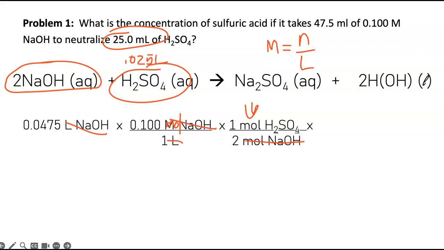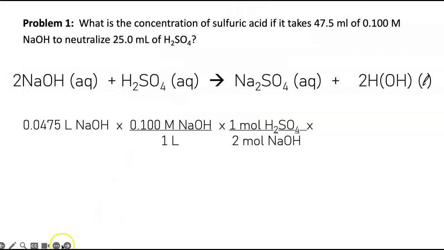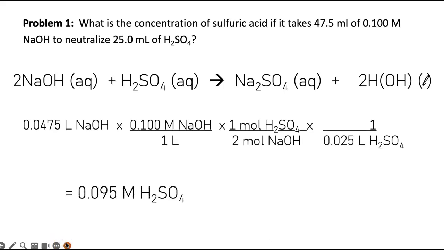And so all I'm going to do then is take the number of moles I've calculated and divide that by my volume in liters to get my molarity. And that is all I got to do. Then I'm just going to multiply across there. And now that I have my moles of H2SO4 divided by my liters of H2SO4, I have my molarity of my H2SO4. So I found the concentration of that acid.